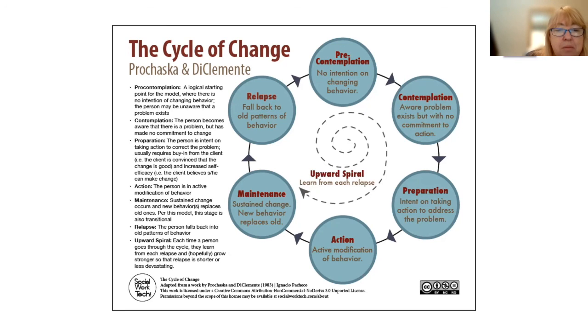And the next step, once you have changed that behavior, is about keeping yourself in that situation. You might have changed that behavior, and you might have some new behaviors now.